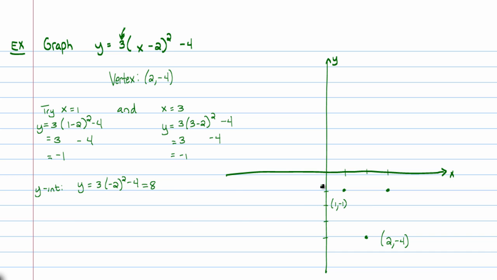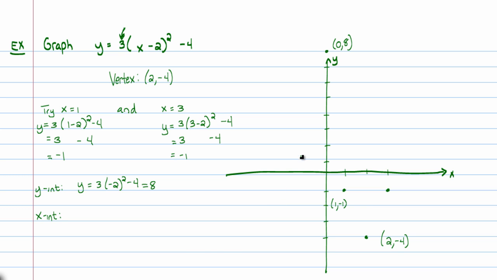So this tells me that my y-intercept occurs at a height of 8. 5, 6, 7, 8. So it's way up here actually. 0, 8.